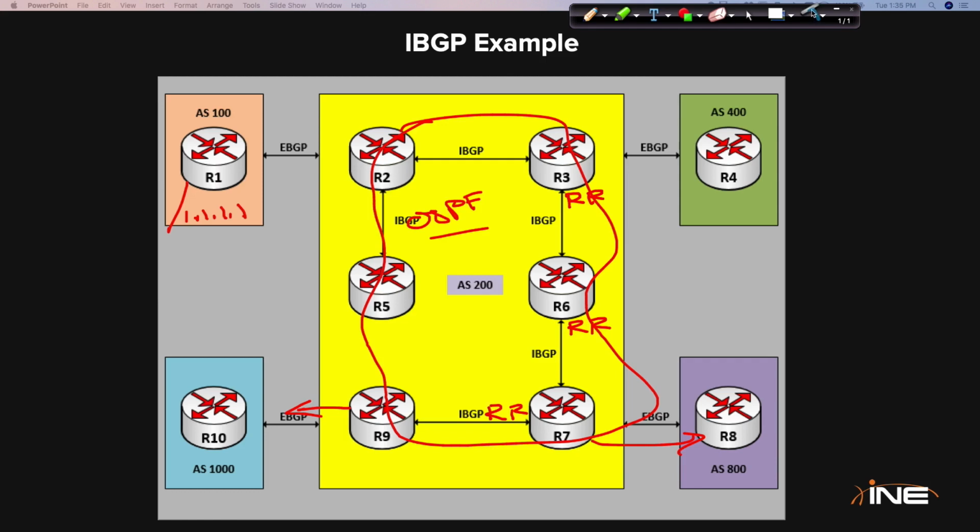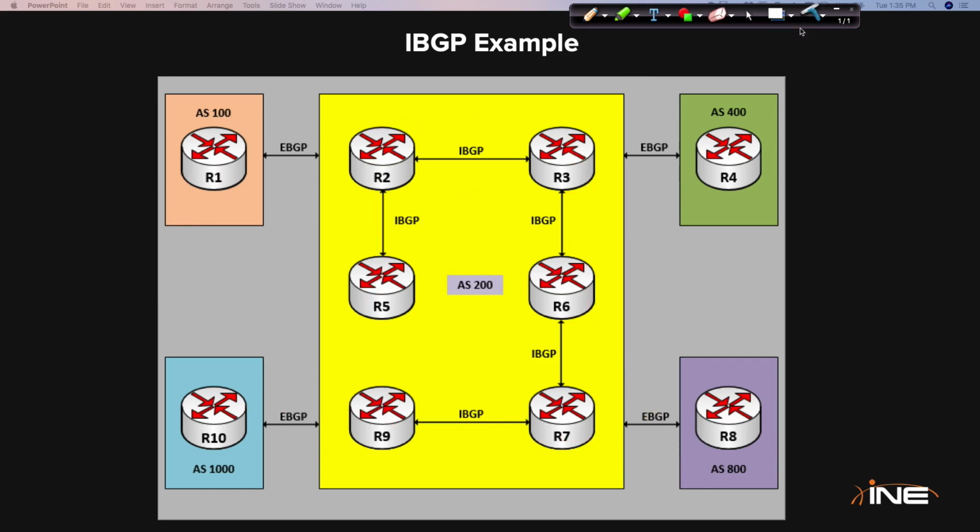Now let's say R10 advertises his loopback in BGP, let's say 10.10.10.10, and assuming we had configured R3 as a reflector, R6 as a reflector, R7 as a route reflector.